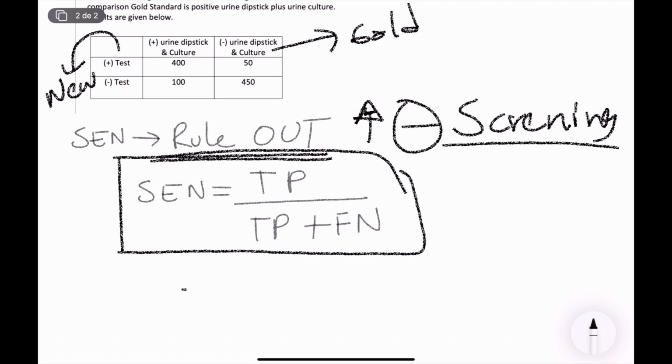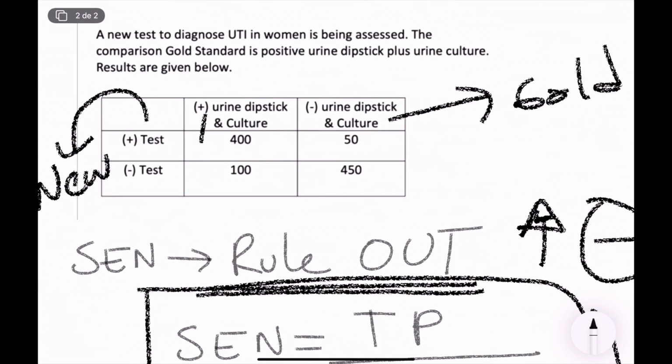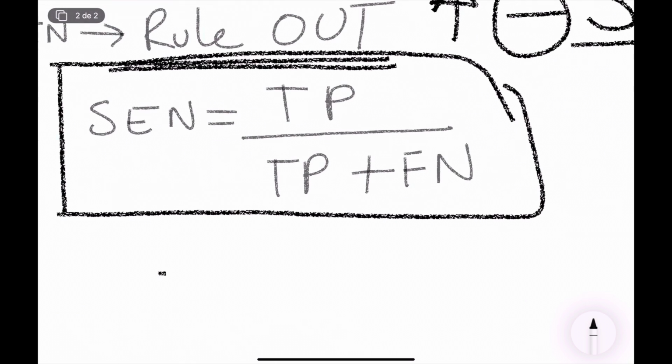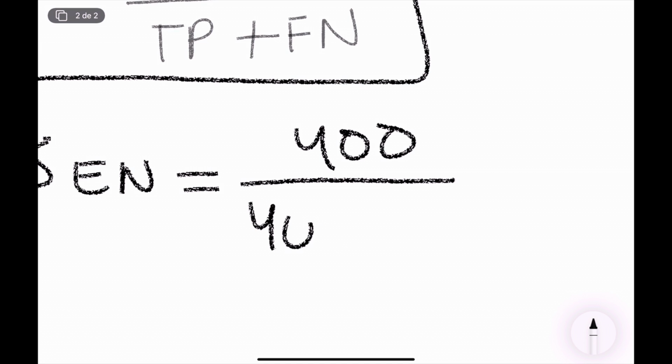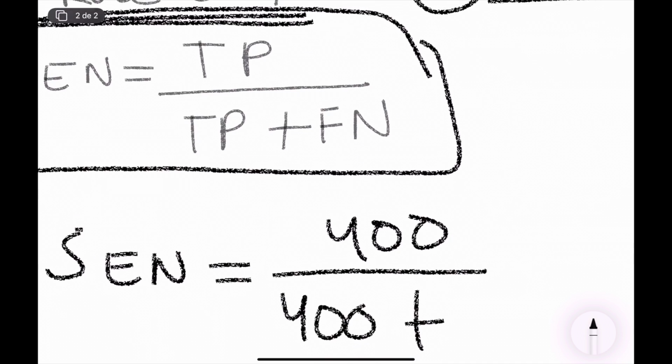So true positives are positives in the gold standard and the new test, they are 400. So 400 divided by 400 plus false negative.